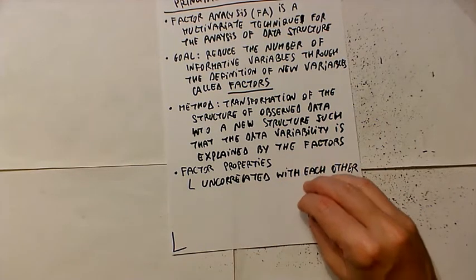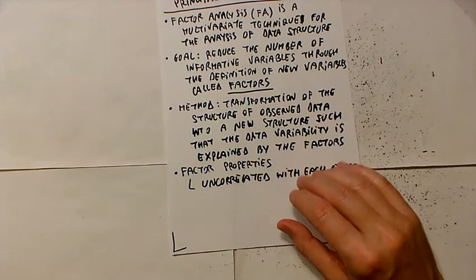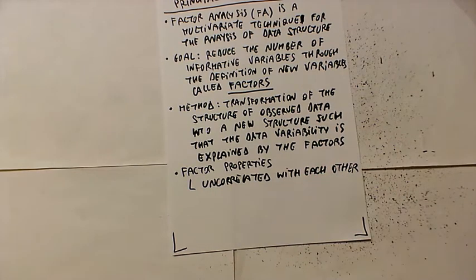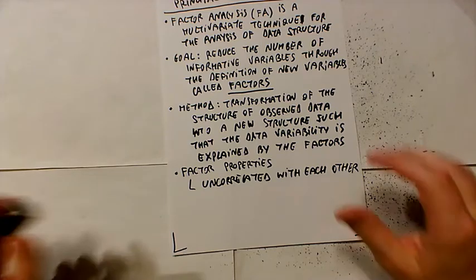I will deepen this concept, but you know that when two variables are correlated, it means that we can predict the values of one of these variables as a function of the values of the other variable.